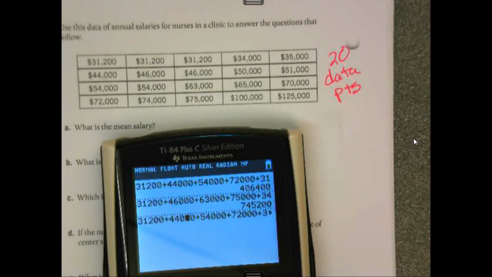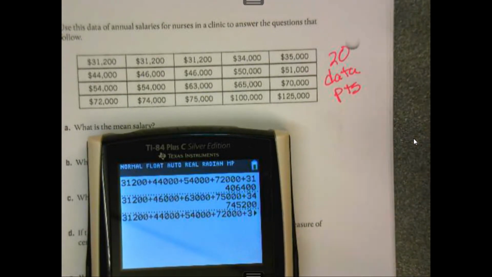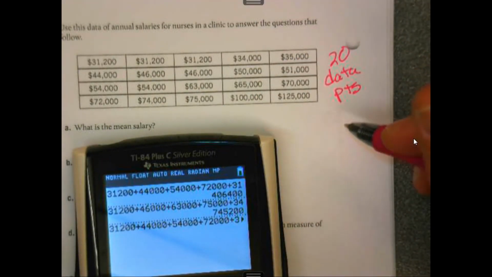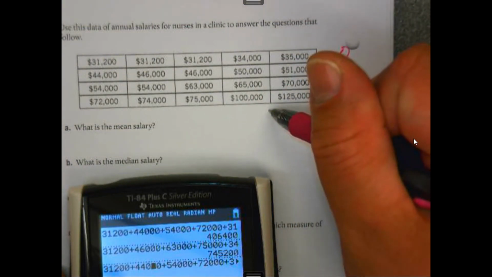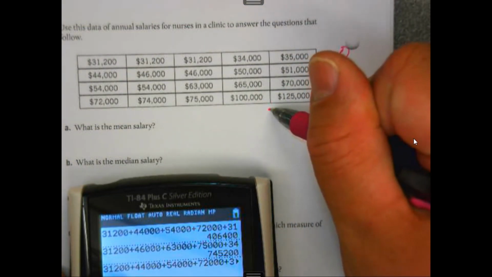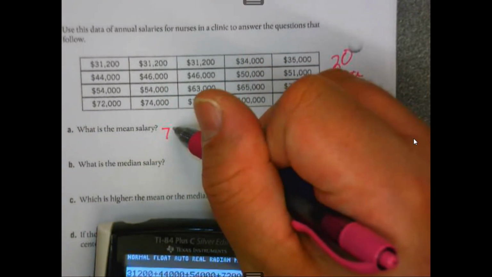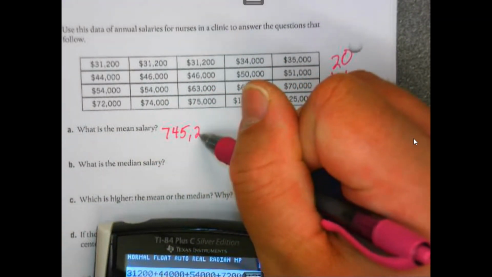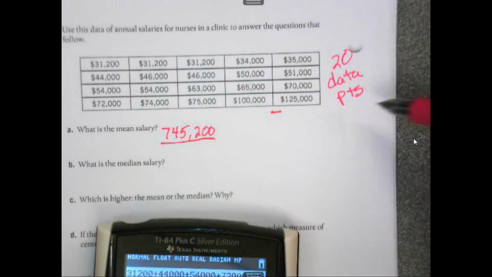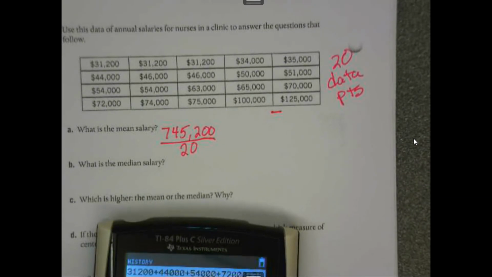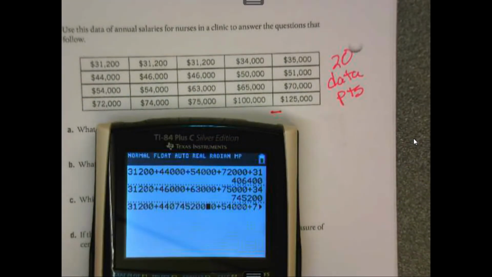Okay, it looks like I did. So I have 745,200 and divide it by the 20 data points.